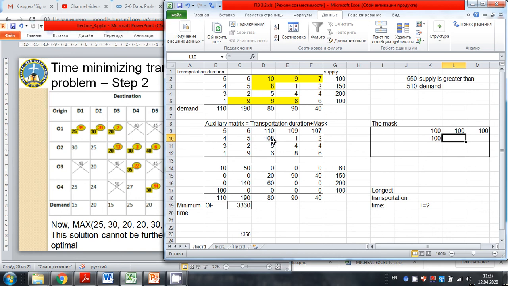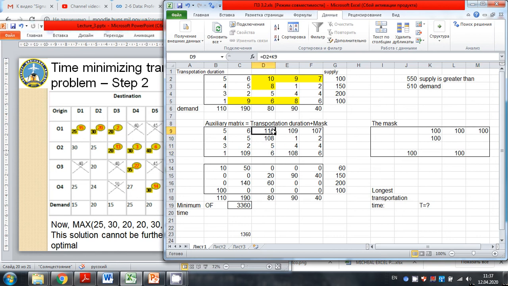And we may cross out this 8. So we see that these elements have been crossed out: 10, 8, 9, 8. Now we repeat the solution.